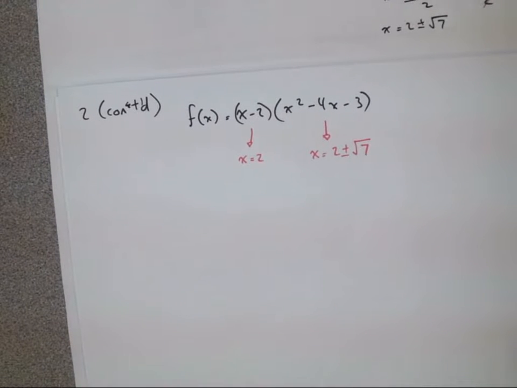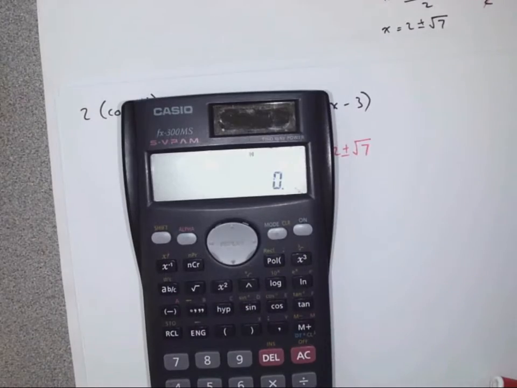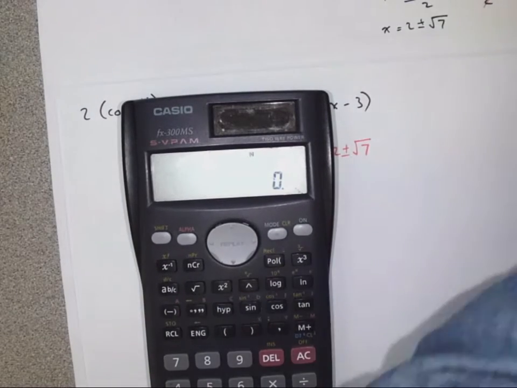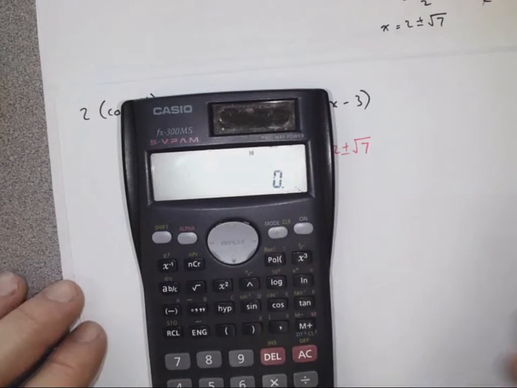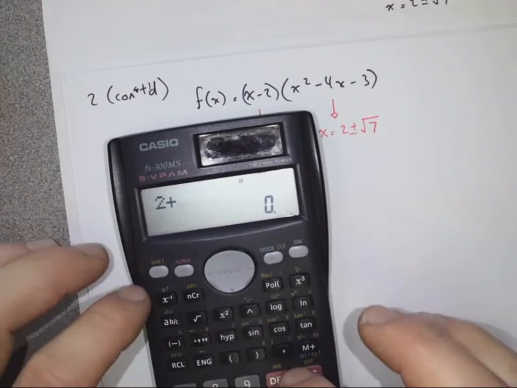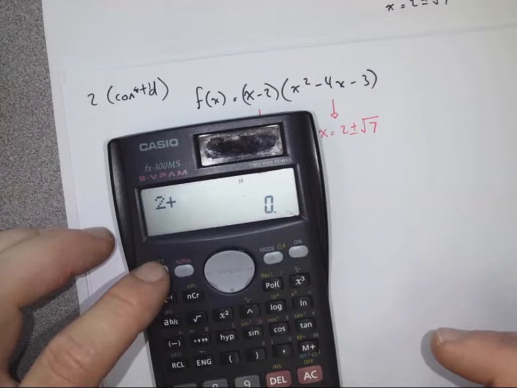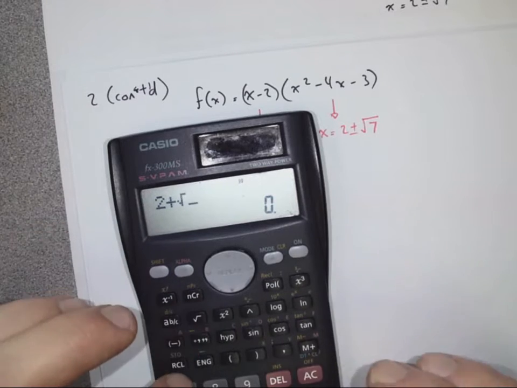Now I'm going to need a calculator for that because I don't know how big 2 plus root 7 is. So, in other words, 2 plus root, where's the root on this thing? Root 7.